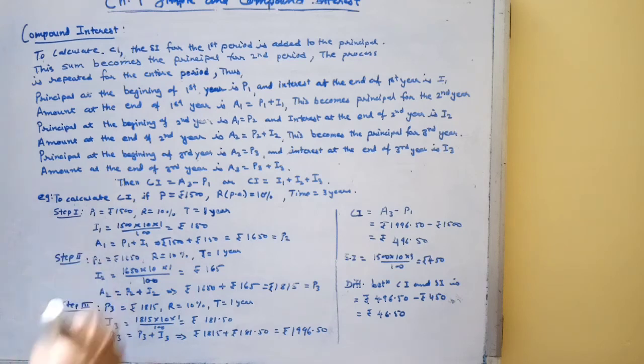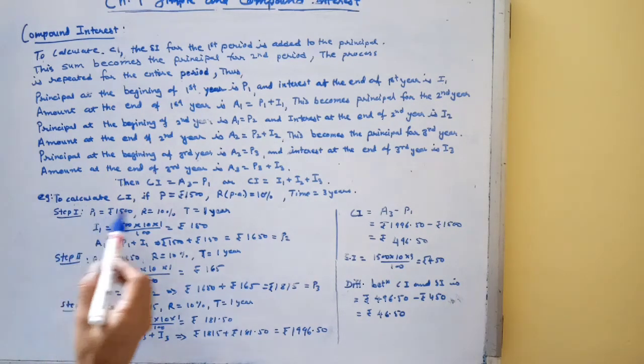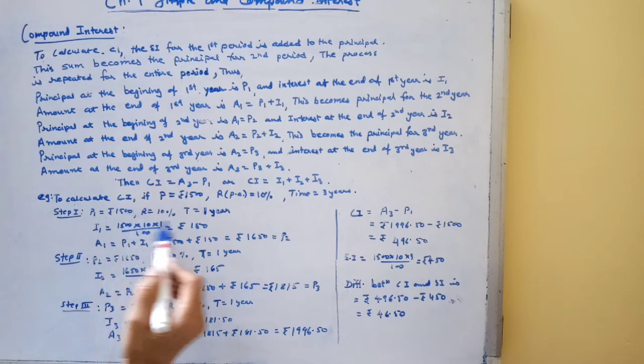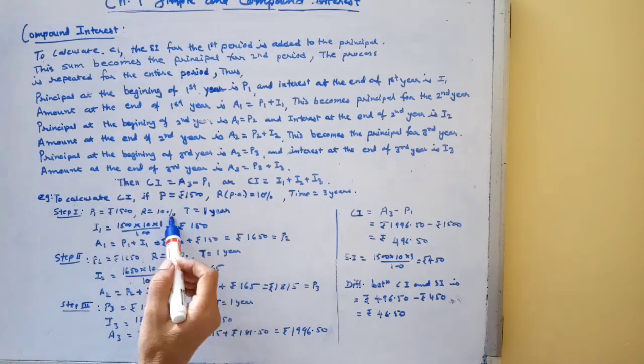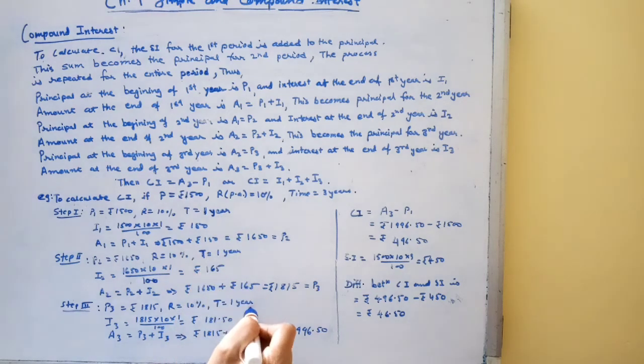So our solution is: in step 1, we take principal P1, that is the previous principal, rupees 1500, rate per annum 10%, and time 1 year. Every year we take time as 1 year.